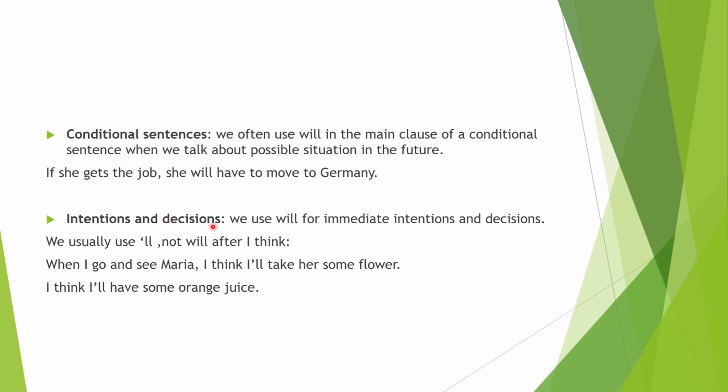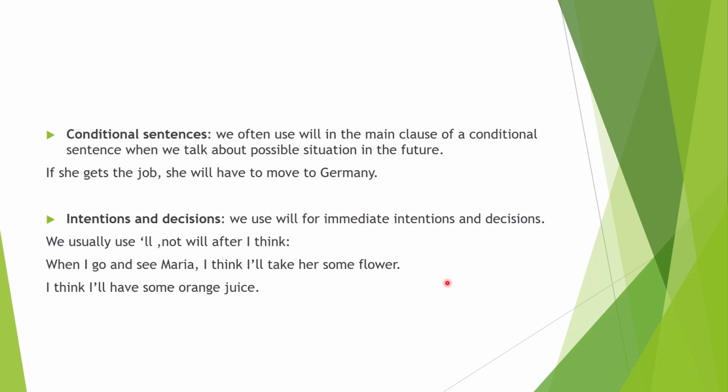The other usage is intentions and decisions. So, as with be going to, we also use will to talk about intentions and decisions. But we use will for immediate intentions and decisions.